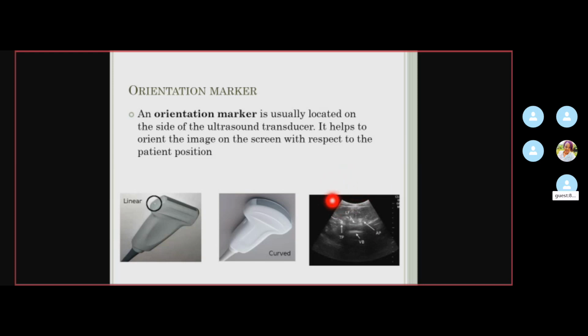So this is the patient's right side. Wherever the marker is, it will be shown as the company's name or a symbol of that company. In this picture you can see a Z, so this will show the right side of the patient. The transducer probe placement should always be remembered with that marker.